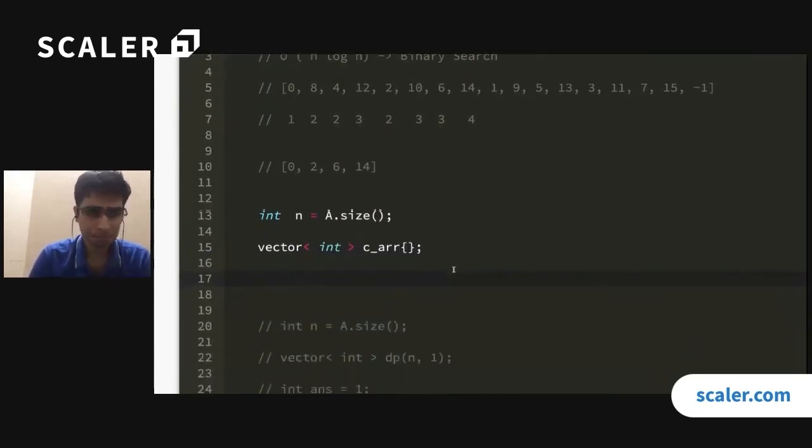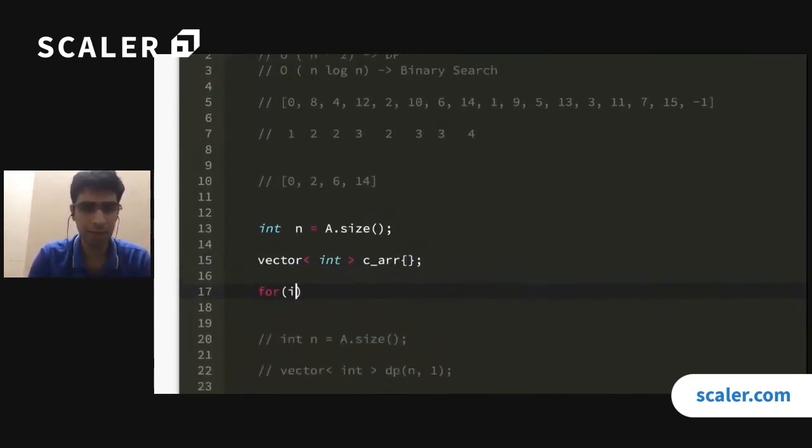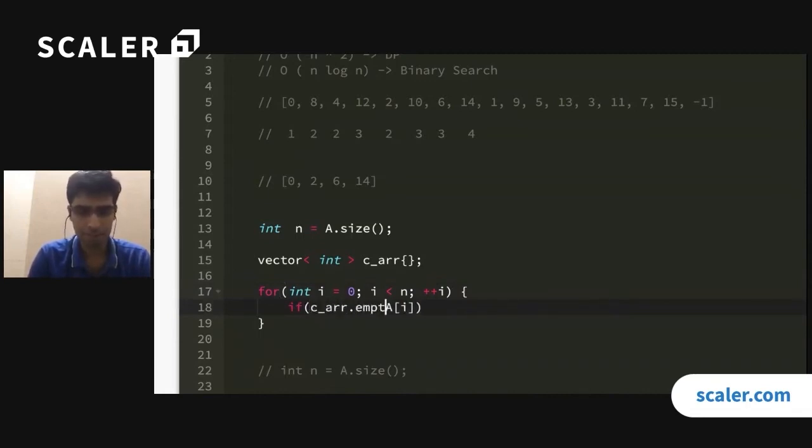Then I will say for i equals 0, i less than n, ++i. First I will check if the current array is empty or array[i] is greater than current array's back.